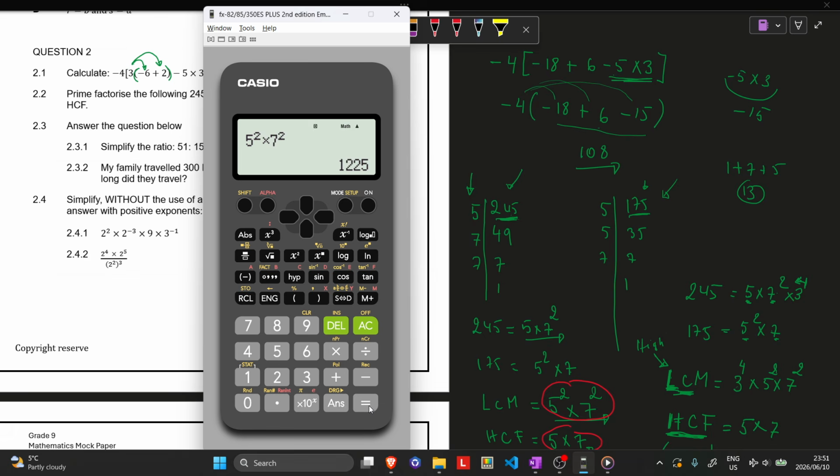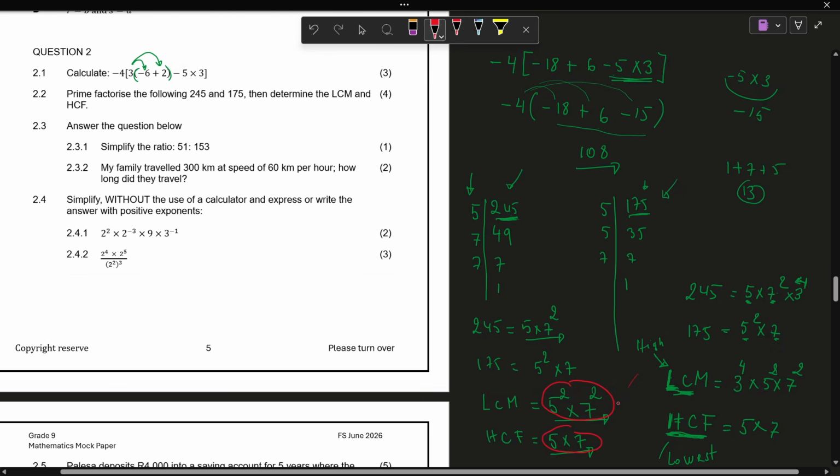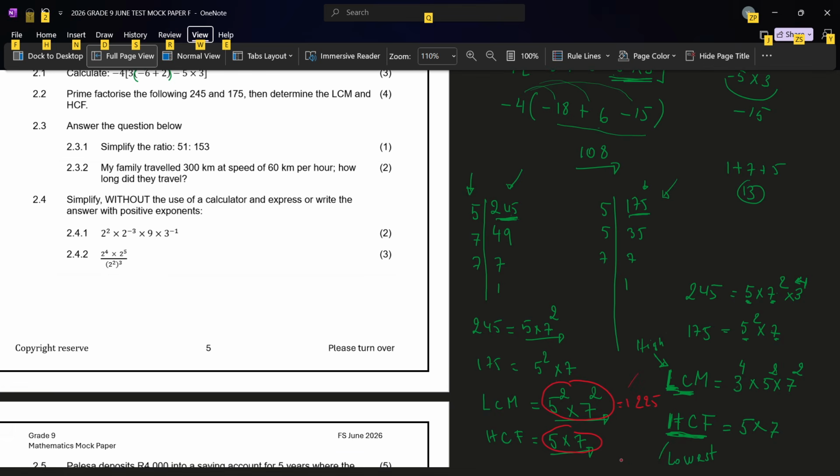And then I say equal. So this number is 1225. And then our highest common factor is 5 times 7. We know it's actually 35.